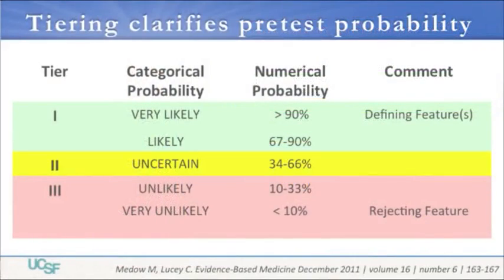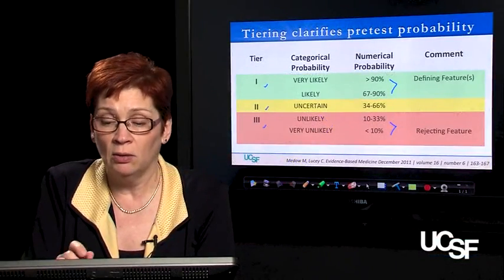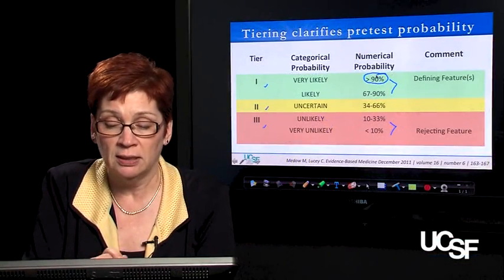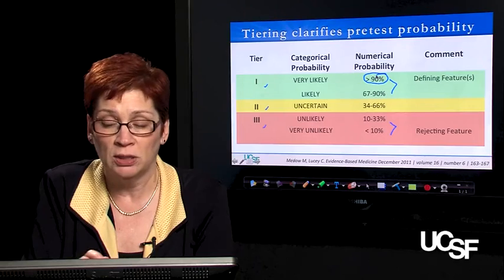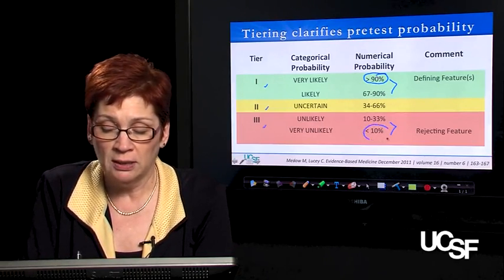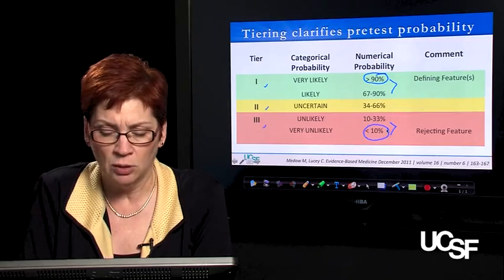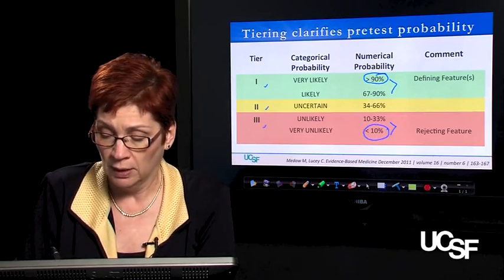So recalling our tiers 1, 2, and 3, remember we split both tier 1 and tier 3 into two categories, depending on whether or not there was a classic feature present that only occurred in one disease, and that would be a very likely disease, or if there was a feature present or exhibited by the patient that really essentially ruled out the condition. We called that very unlikely.